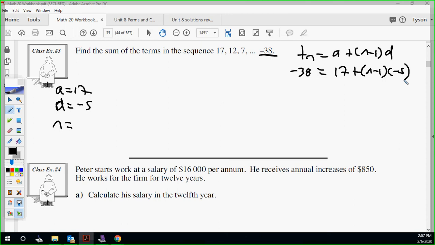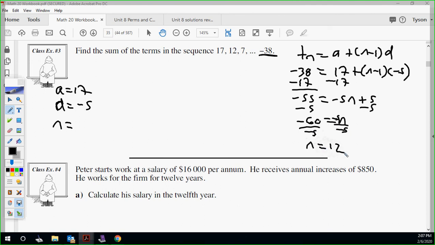So we can minus 17. Negative 55 equals negative 5n plus 5. Subtract 5. n is 12. We expected n to be positive, so that's good.